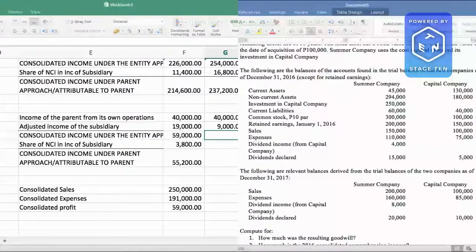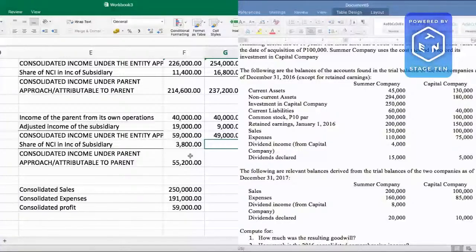Next, you will already have your consolidated income under the entity approach. 40 plus 9,000, you will have 49,000. What's next? Share of the NCI in the income of the subsidiary. So, again, adjusted income.